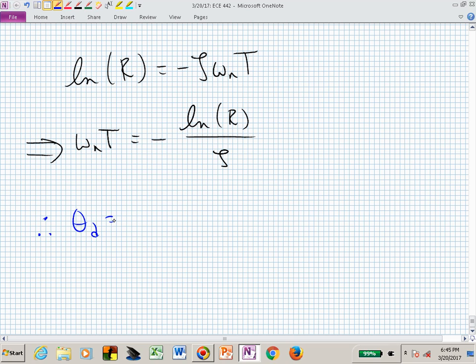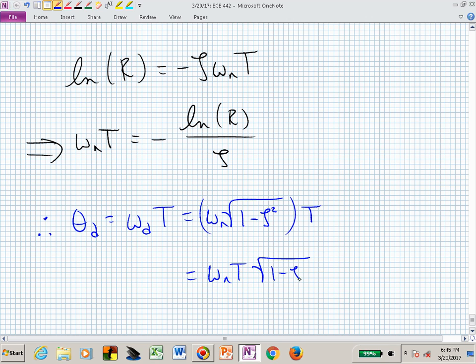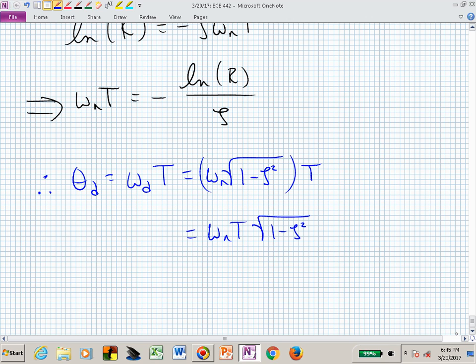And now we have theta sub d. Theta sub d was omega sub d T, but omega sub d was omega sub n square root of 1 minus zeta squared times T, but that's now omega sub n T square root of 1 minus zeta squared, and voila, omega sub n T is minus natural log of r over zeta, so that we now have minus natural log of r over zeta times the square root of 1 minus zeta squared.